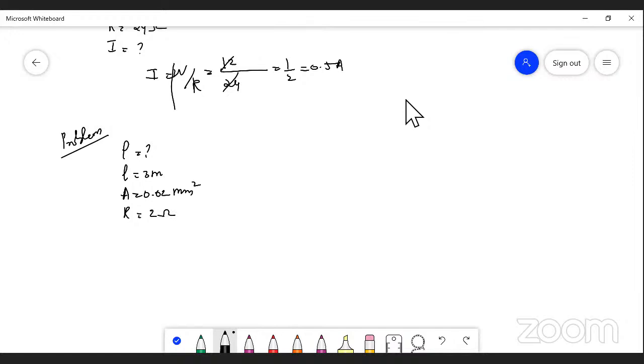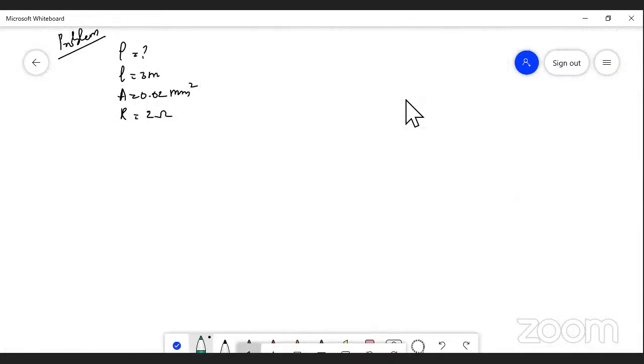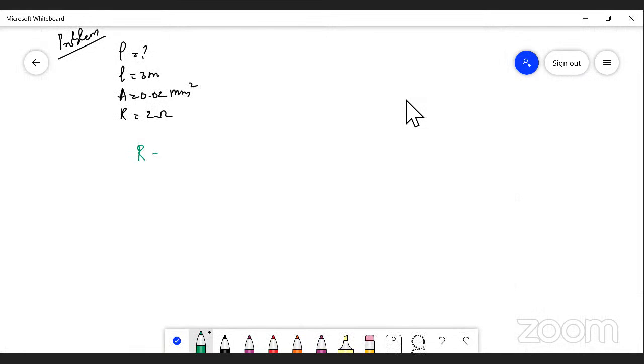So how can you calculate electrical resistivity here? The idea is simple. You know the formula connecting resistance and resistivity: R equals rho L divided by A. We are asked to calculate rho.